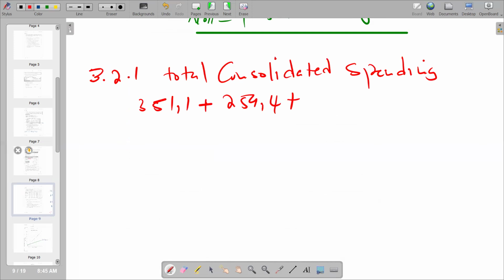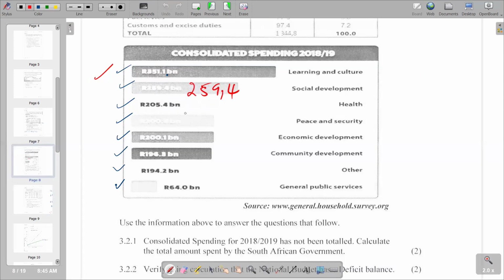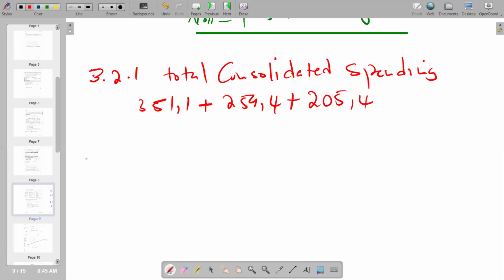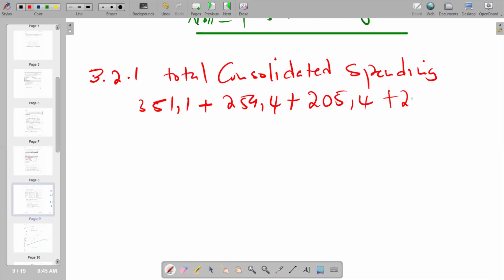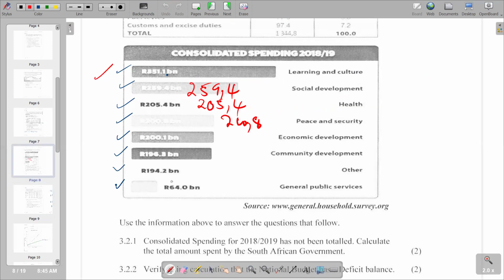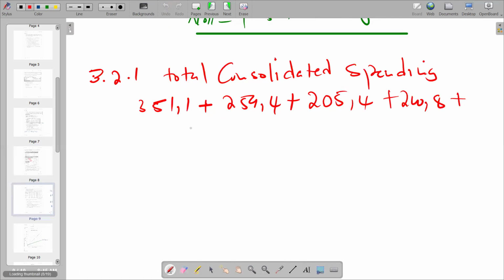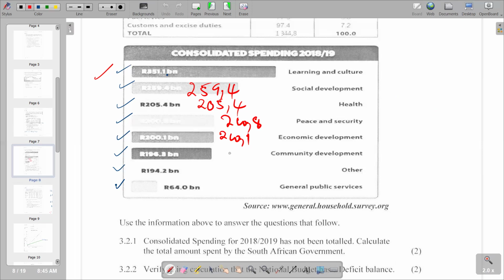Then we add the next figure that we have, it's 405.4. Then the next figure that we have is 200.8. Then from there we move on to 200.1. Then the next one is 196.3.